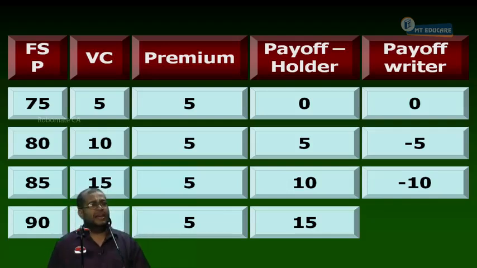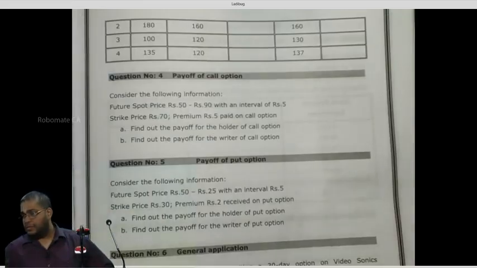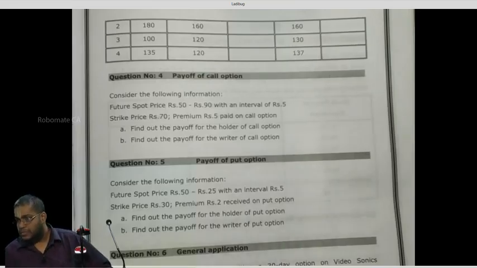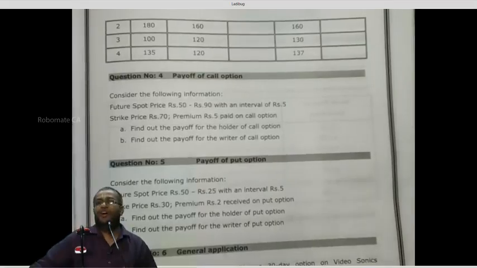Okay, now give the heading: Theoretical boundaries for call and put option values. Please copy this slide quickly.